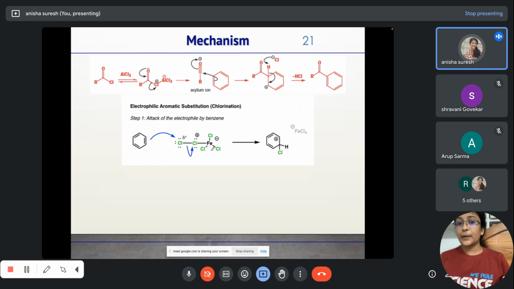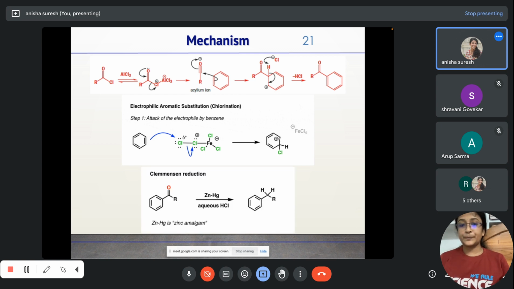This mechanism will be similar to that of the Friedel-Crafts alkylation reaction. The chlorine lone pair will coordinate with the FeCl3. Then this double bond can go and attack the chlorine. Thus FeCl4 minus will be eliminated, and this will be neutralized.